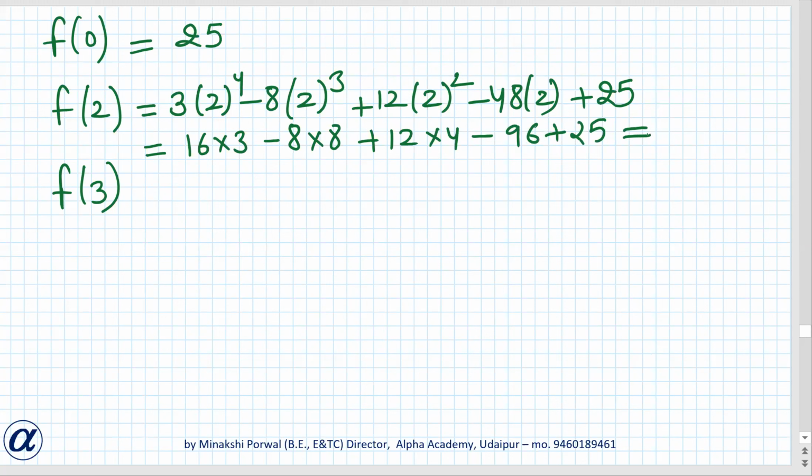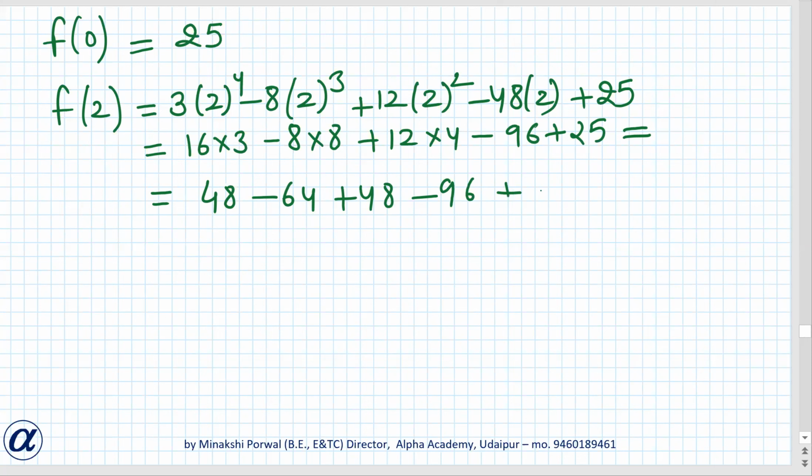That is 48 minus 64 plus 48 minus 96 plus 25. The 48 and minus 96 terms cancel, so 25 minus 64 will give us minus 39.